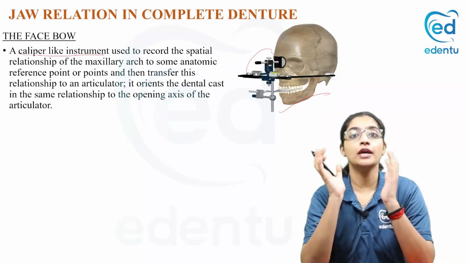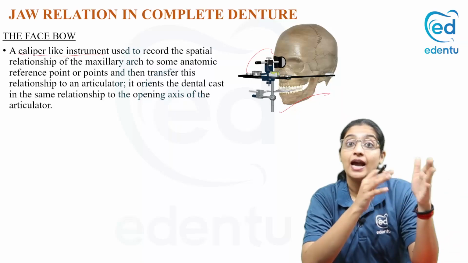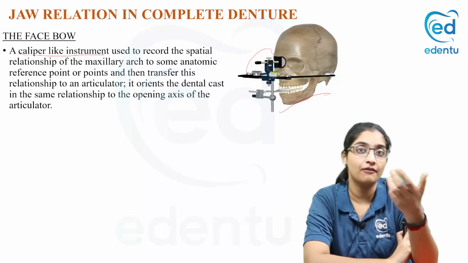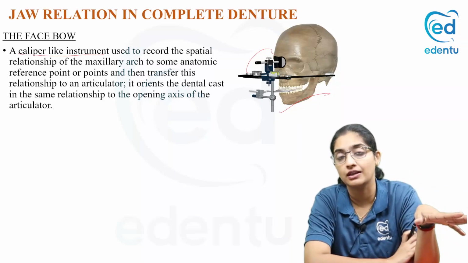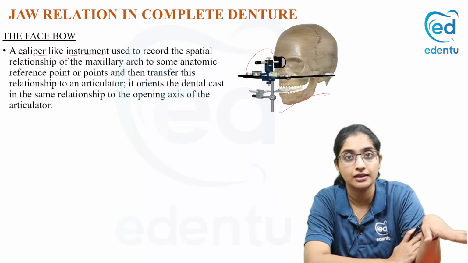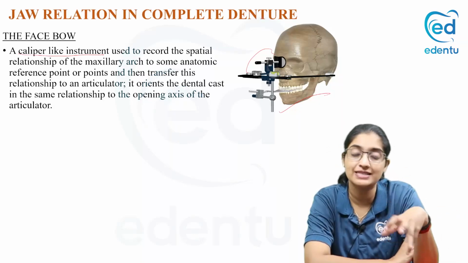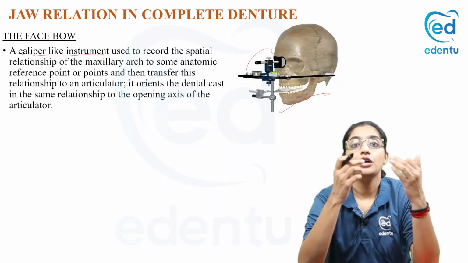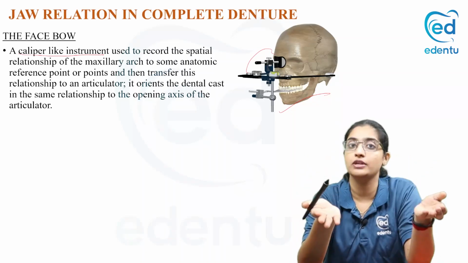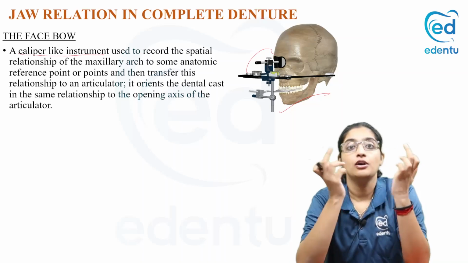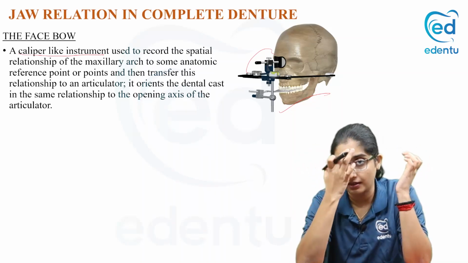Now, you cannot keep the skull, and you cannot ask the patient to be there every time you want to do anything regarding the articulator. So you use a face bow, a caliper-like instrument. You use multiple reference points from the nasion, from the earlobes, from the cranium.